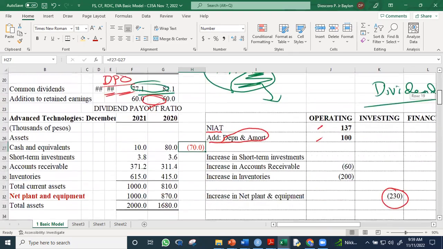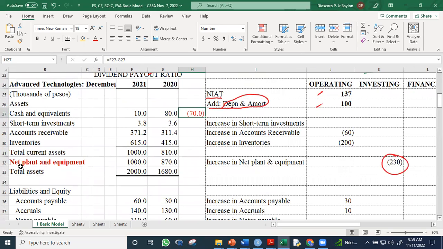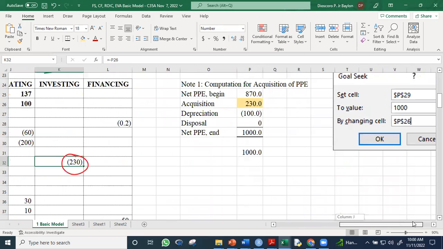When you're in the balance sheet, you're given the net plant and equipment. The difference will not be the correct change in cash under investing. In fact, what should be done here, the 130 a while ago, we should have added back the depreciation, because in the net plant and equipment you remove depreciation. So to really get how much was invested, you have to add back depreciation. And we were able to show that here.